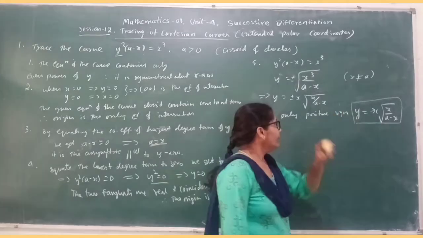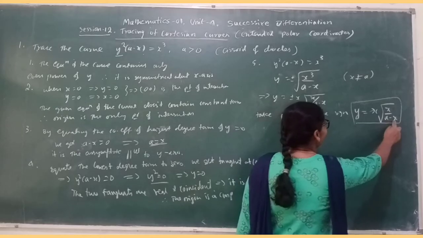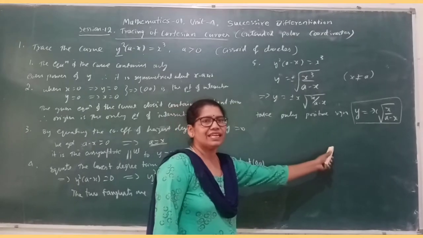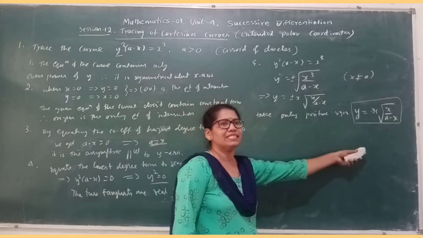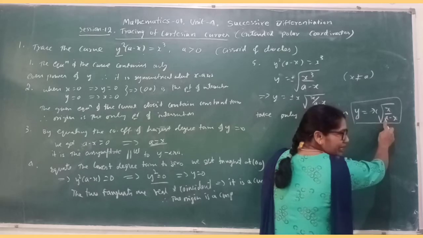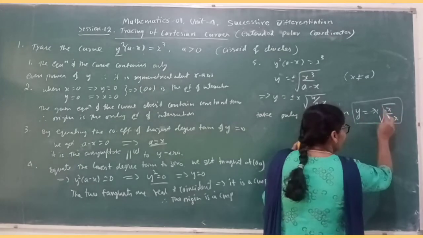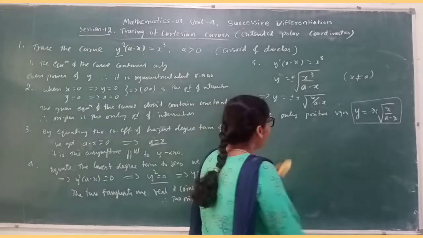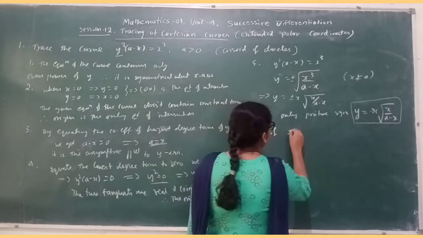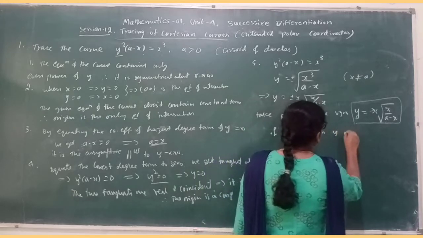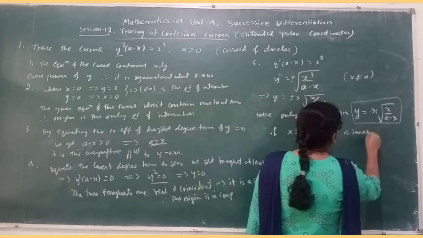If the value of x is greater than a, what will be the answer? If it is greater than a, then you will get a negative term. Root of a negative term is imaginary. See, if x is greater than a, then y is imaginary.